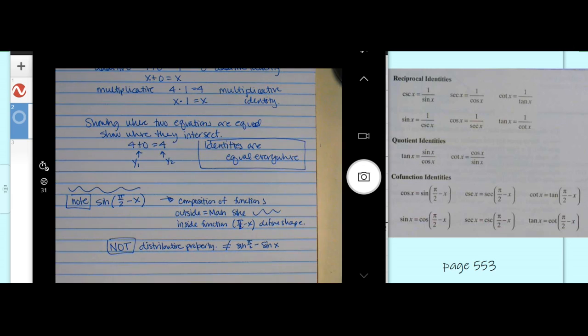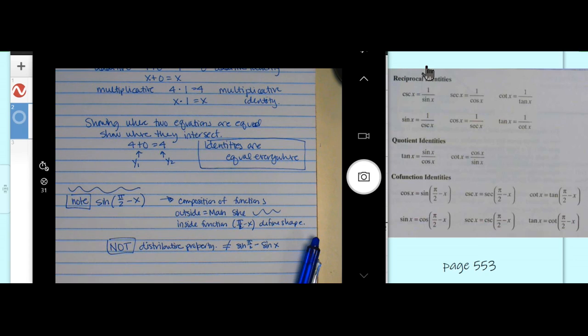You cannot do that. It is one function inside of the other function, and it is not the distributive property. So this is very important for you to understand how not to do algebra on this. This is not the distributive property. All right, so I've made that point.